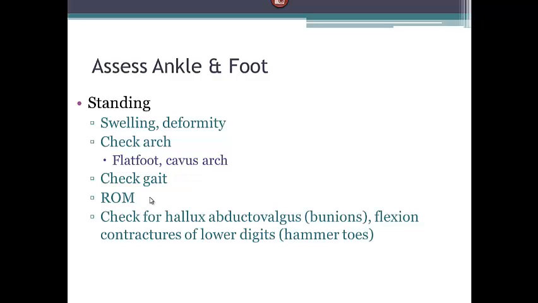Treatment, again, shoes should have a wide toe box, so never buy regular. You could use toe pads that are sold in the pharmacy, and again, the ultimate goal is surgery.